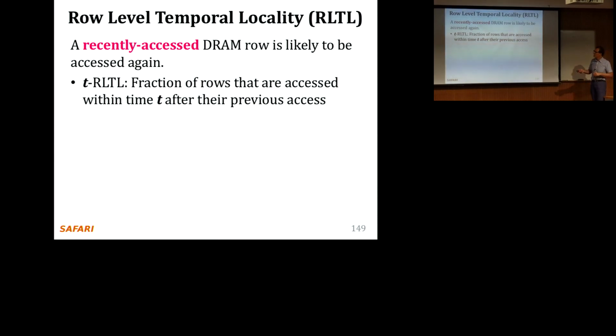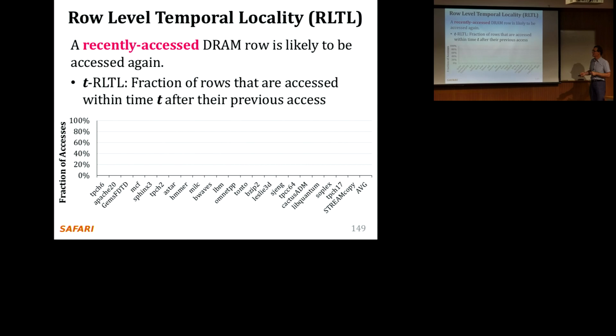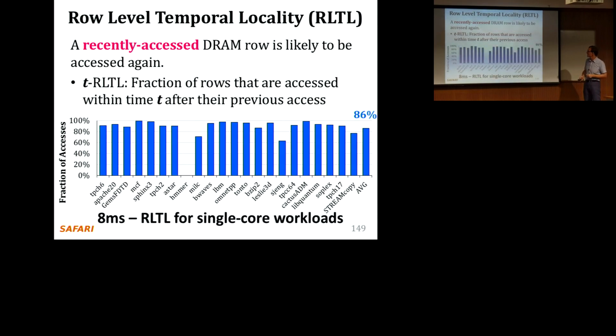We define this metric called row-level temporal locality: the fraction of accesses that occur within time T after their previous access. If you choose T equals 8 milliseconds, about 86% of the rows are accessed again within 8 milliseconds after their previous access. This happens because of bank conflicts, basically.